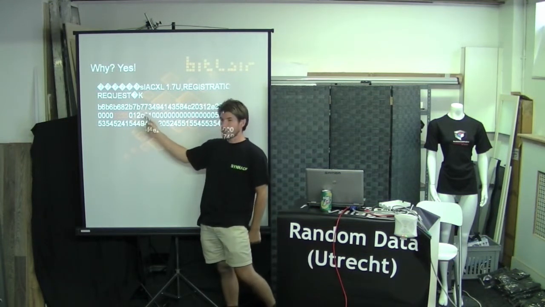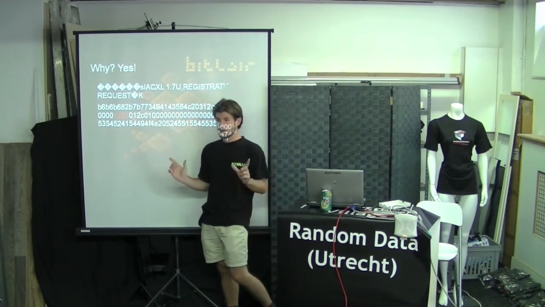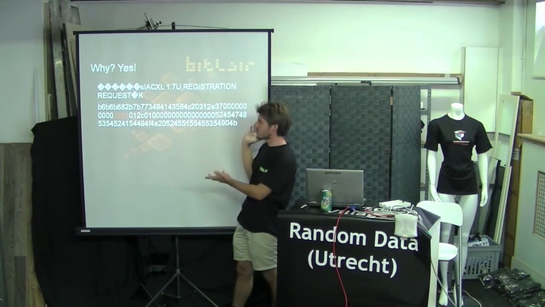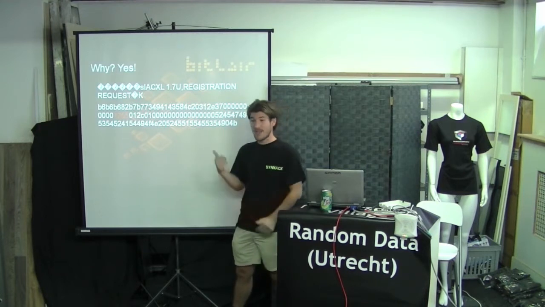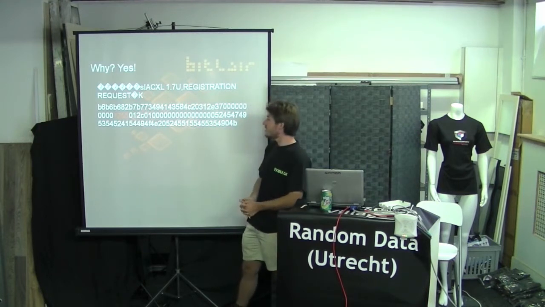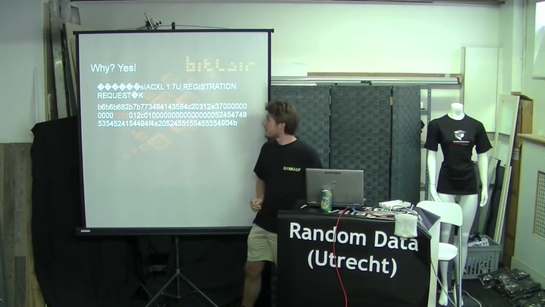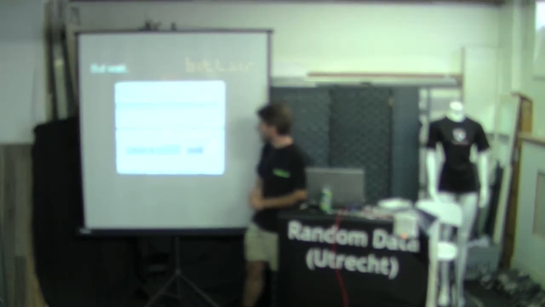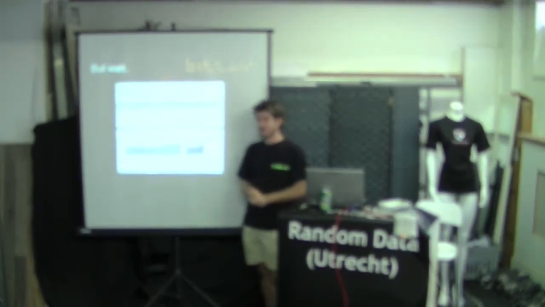But this is actually incorrectly encoded. So this is a decimal value, but it's encoded like it's hex binary, which is weird, but this helps because I found this in like 2 seconds. So that's pretty awesome. Oh no, wait. The replies, they're different.